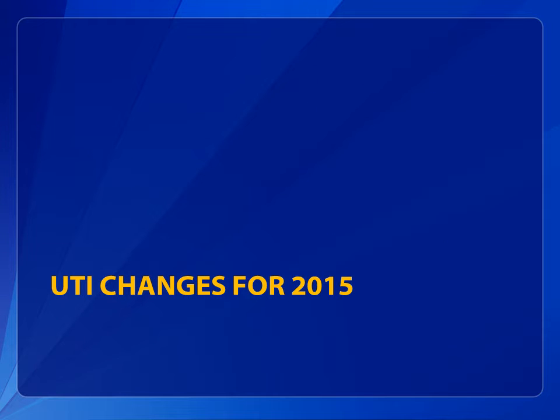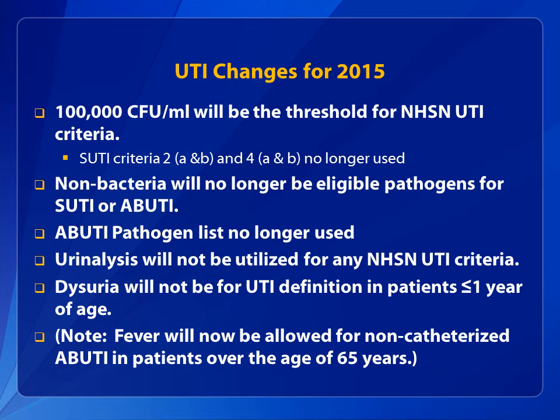Here are the updates to NHSN UTI criteria for 2015. First, existing variations in thresholds for quantifying urine cultures may result in some laboratories identifying lower colony count symptomatic UTIs, or SUTIs, while other laboratories do not.